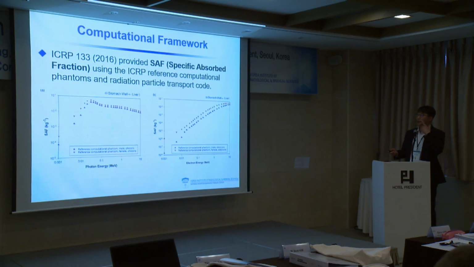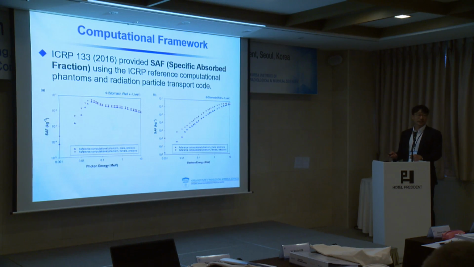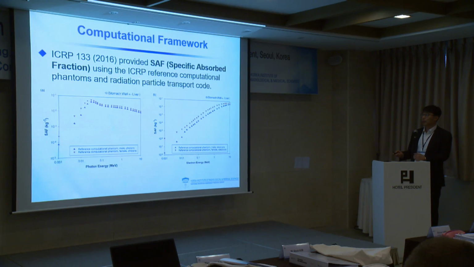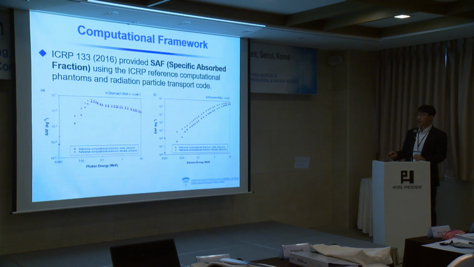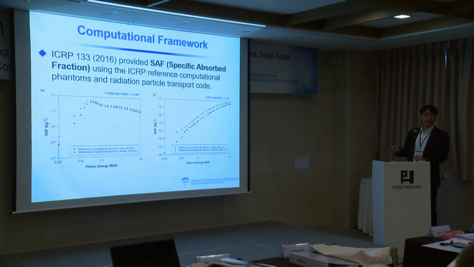And these are the SAF values provided from ICRP 133. They also use the ICRP voxel-based reference phantoms, nuclear decay data, and Monte Carlo code to calculate the SAF. This is the specific absorbed fraction of the photon when the stomach wall is the target region and the source region is the liver.